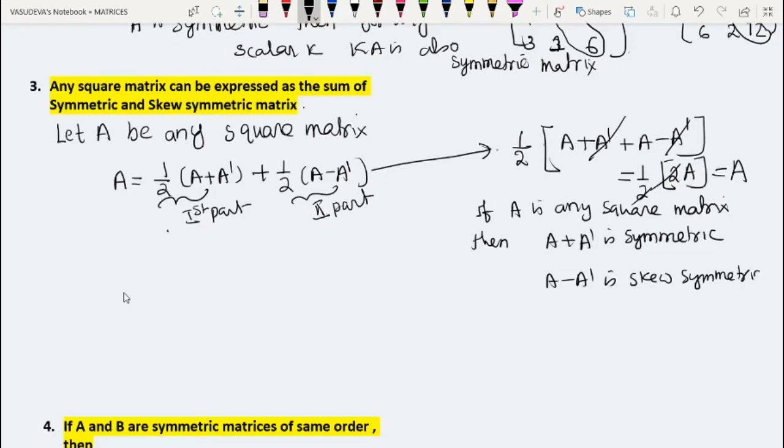So we are using this property. Here A plus A dash is symmetric and A minus A dash is skew symmetric.